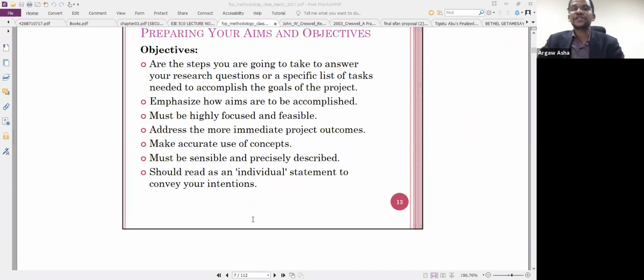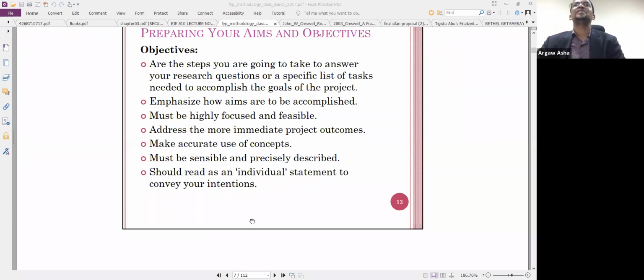Then coming to the objectives, the objective should be something that is accomplished. We have a general objective and specific objectives, so we can divide this into two. Here, you should be focused, and that focus should be feasible.